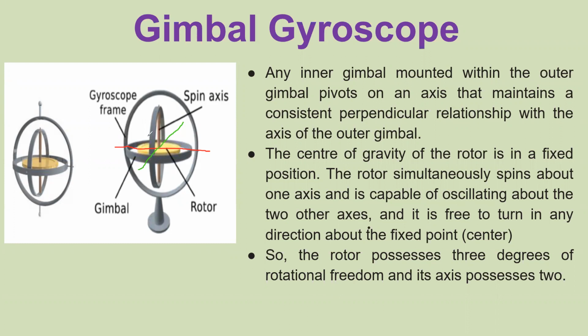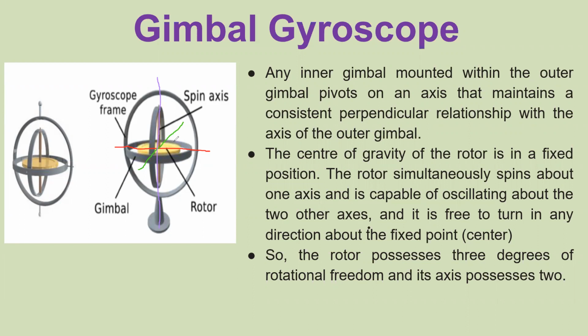And what about the disc? The disc is rotating around this spin axis. So that is the third axis. These are three perpendicular axes, and you can see there are 3 degrees of freedom.